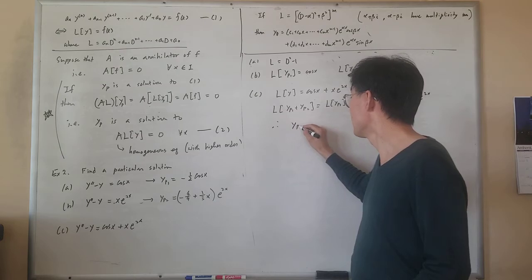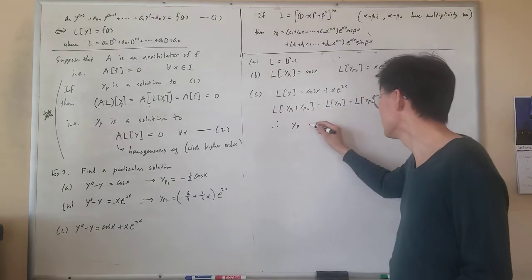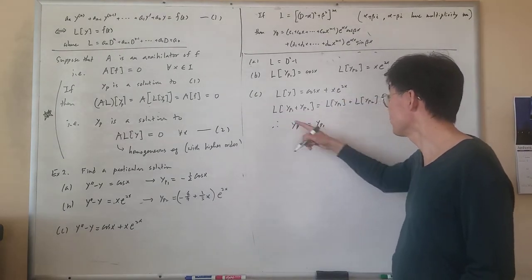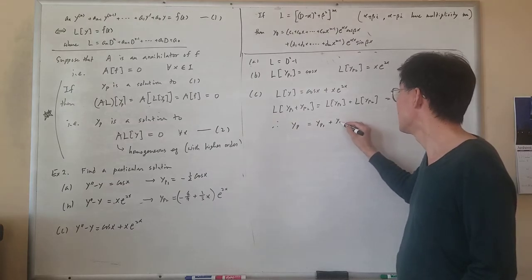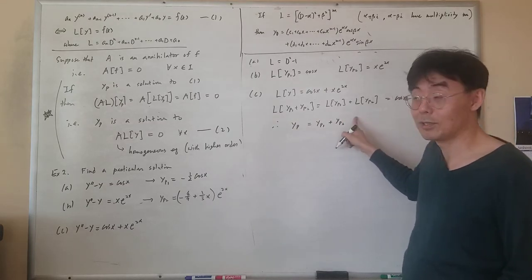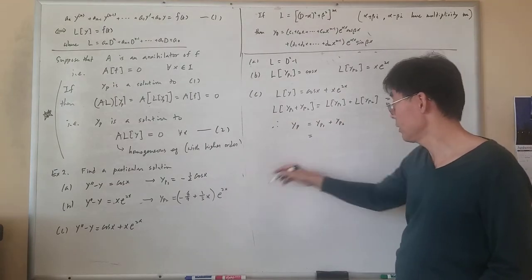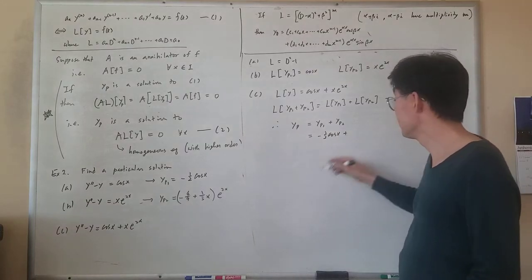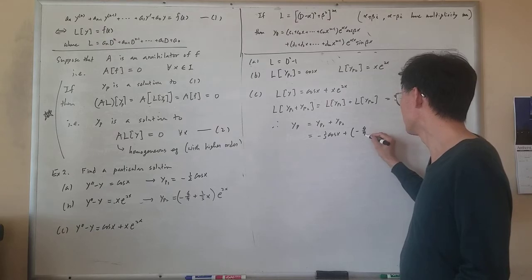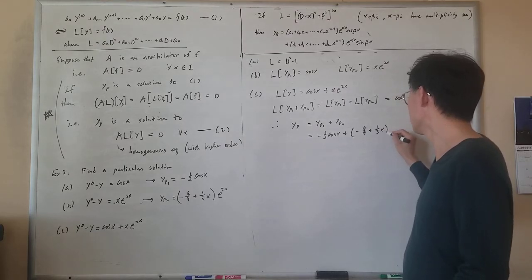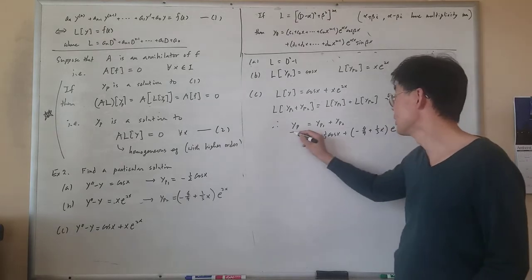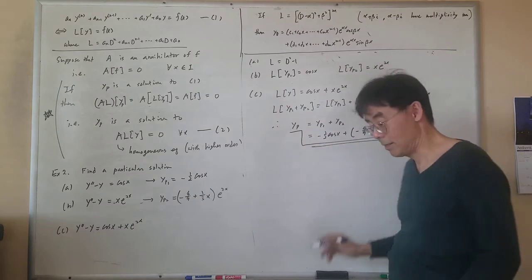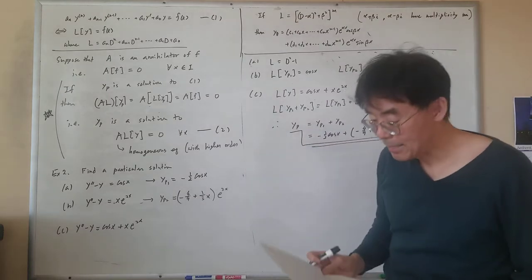Therefore, our particular solution is the same linear combination of particular solutions. What was yp1? Negative 1/2 of cosine of x. This one, 1/3 of x e to the 2x. So that would be a particular solution. Okay?